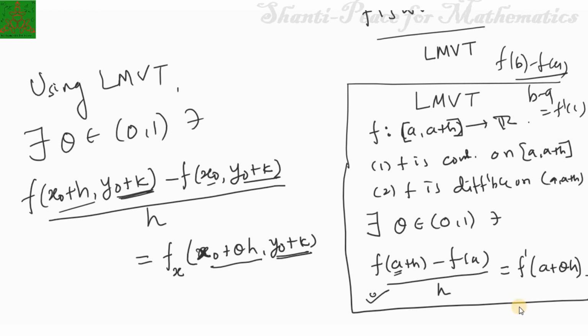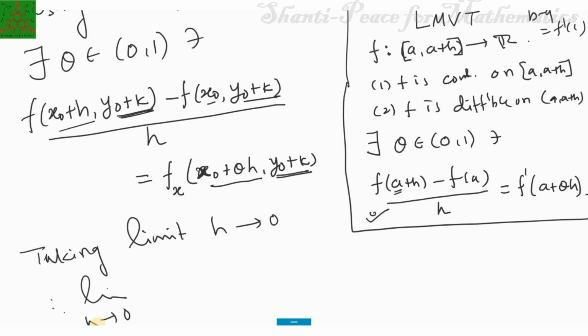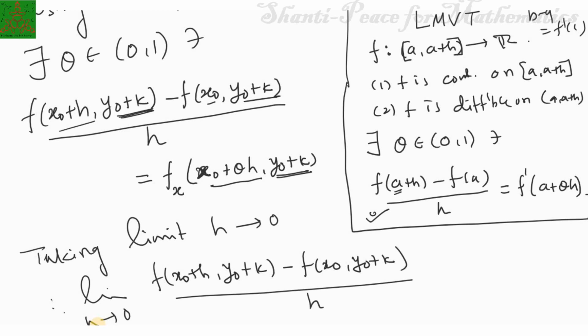Now if I take the limit as h tends to 0, the limit of (f of (x0 plus h, y0 plus k) minus f of (x0, y0 plus k)) upon h is equal to, on this side, the limit as h tends to 0 of fx at (x0 plus theta h, y0 plus k).